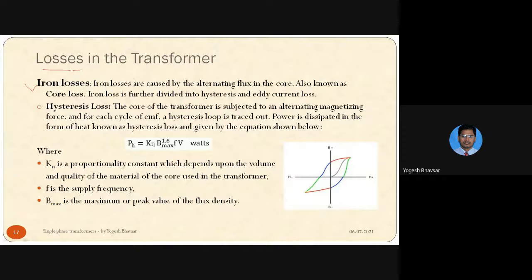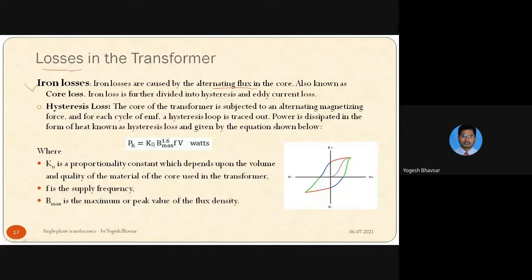So this is a theoretical part. You'll come to know by just reading this sentence. Iron losses are caused by the alternating flux in the core. See, we are giving alternating current to the transformer winding.